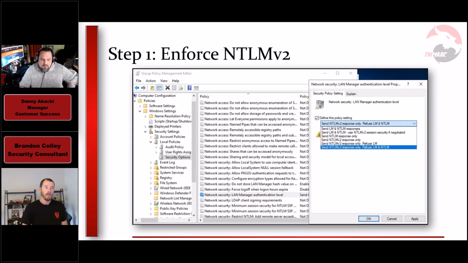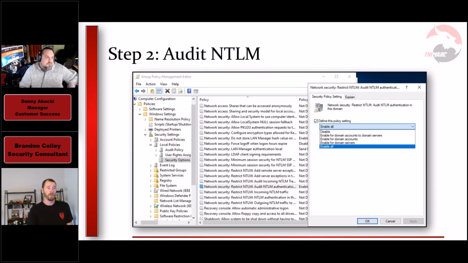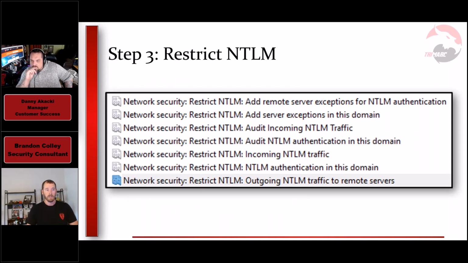If you're not there yet and you're worried that doing that's going to break something, I would say let's go to step 2 first, enable some auditing, and then you can go back to step 1 and enforce NTLM v2. So the goal as of right now, I would say, is get to v2 and then start thinking about completely getting rid of NTLM in general. So enforcing Kerberos wherever possible.